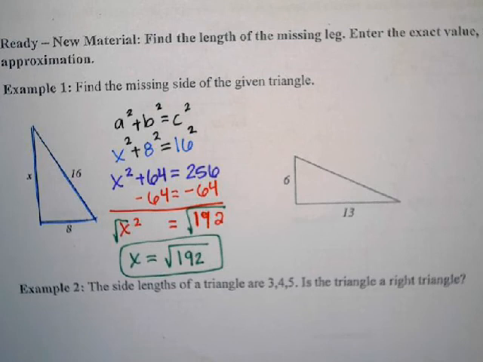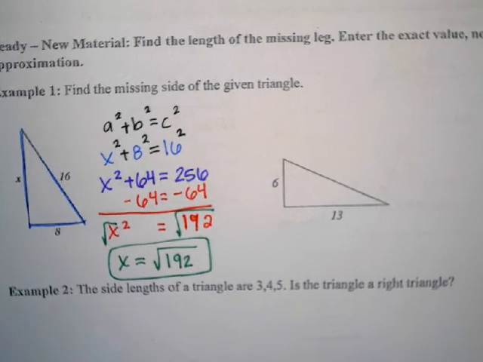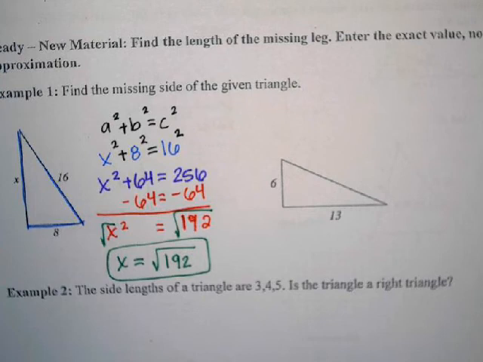For our triangle on the right side, there's not an x, but there's a blank.